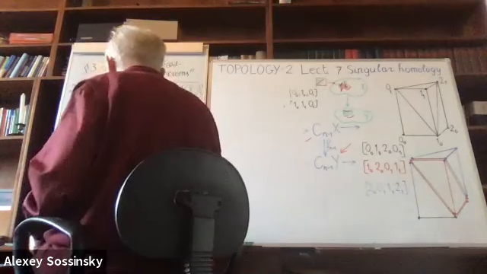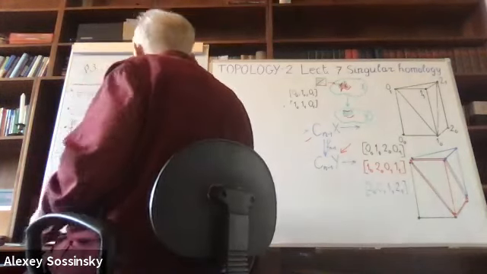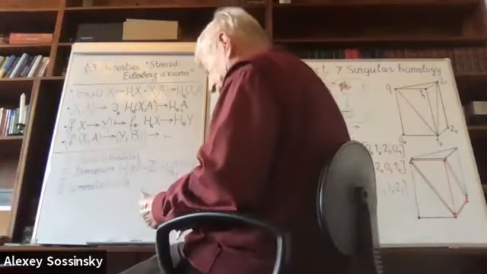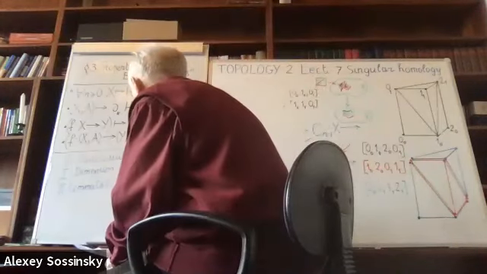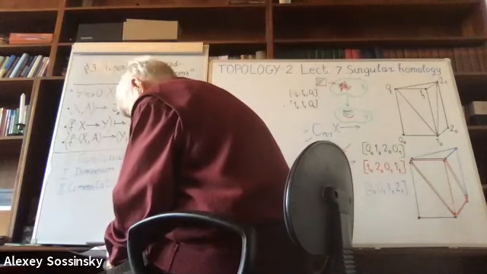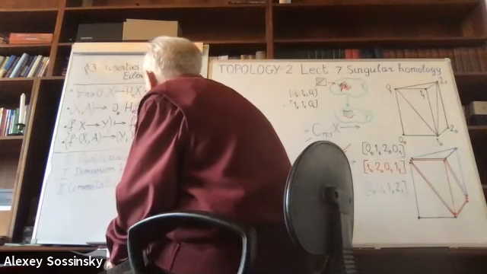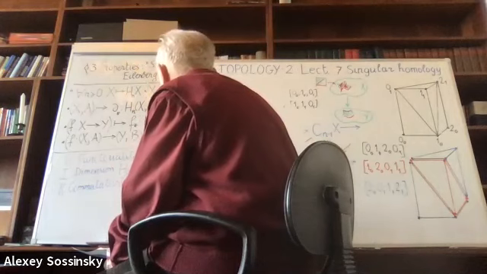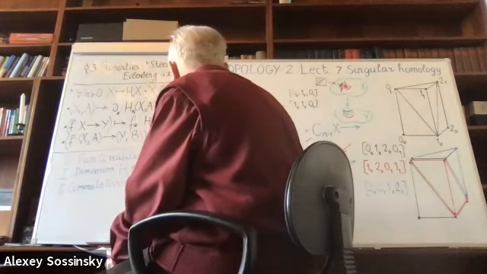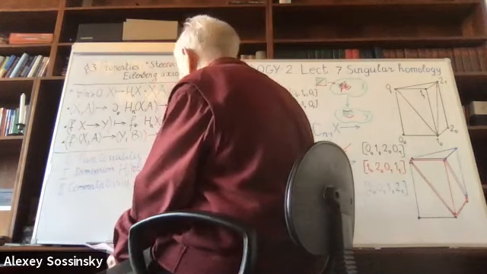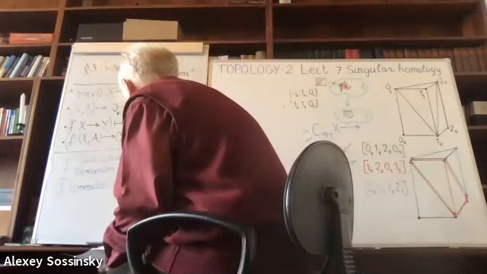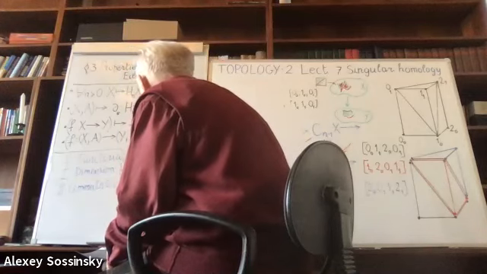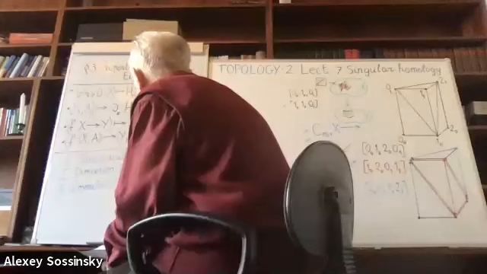And that says the following. If we look at the diagram, H_n of (X, A), which is taken by d star to H_{n-1} of A. Then we have here H_n of (Y, B), with of course f star.